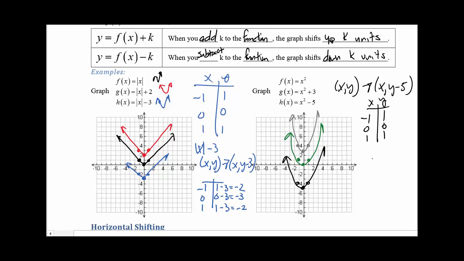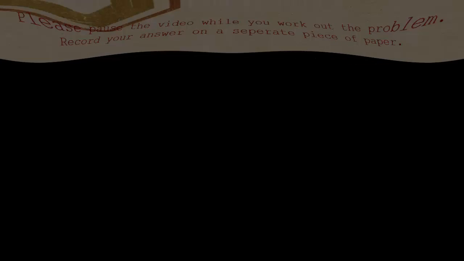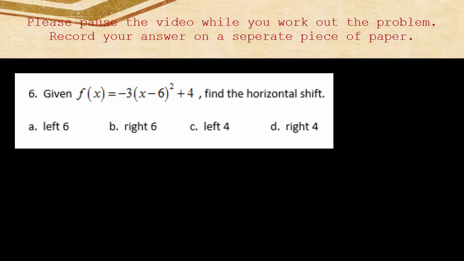Then for the transformation, the x's would stay the same, and the y's I would just subtract 5 from. So negative 1, 1 minus 5 is negative 4, 0 minus 5 is negative 5, 1 minus 5 is negative 4. And those 3 points are the ones that I should have labeled in that picture with the black quadratic.